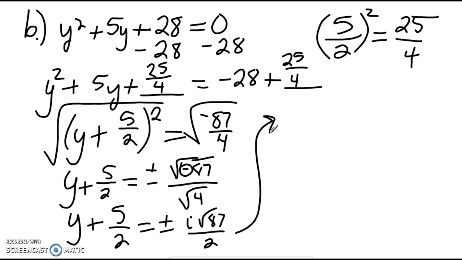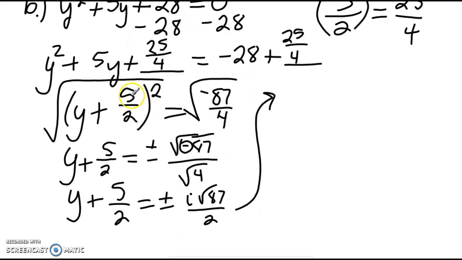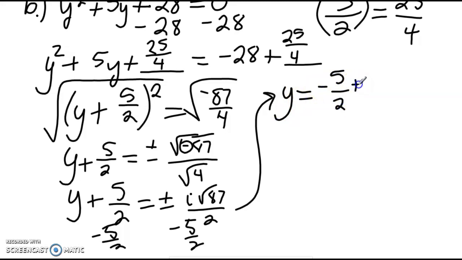So next step is I want to get y by itself, so I'm going to subtract 5/2. So I get y equals negative 5/2 plus or minus i radical 87 over 2.